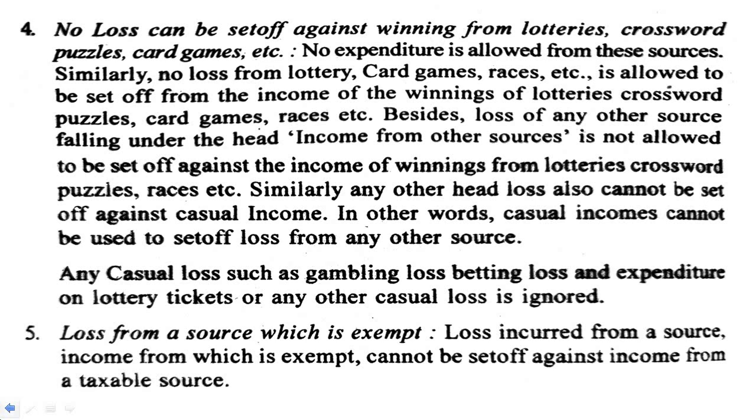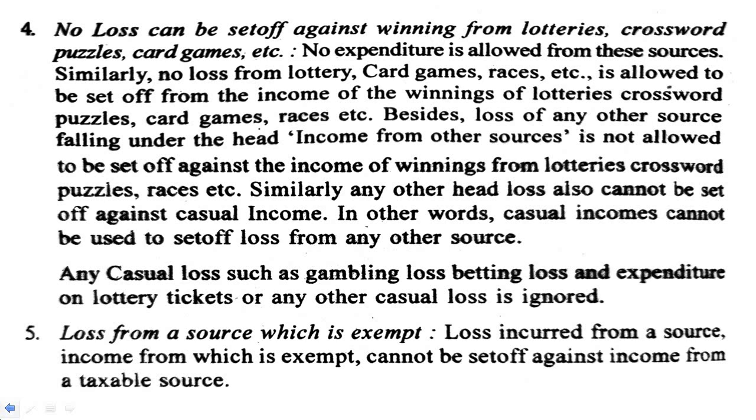In other words, casual incomes cannot be used to set off loss from any other sources. Any casual loss such as gambling loss, betting loss, and expenditure on lottery tickets or any other casual loss is ignored. Then fifth one, loss from a source which is exempt.